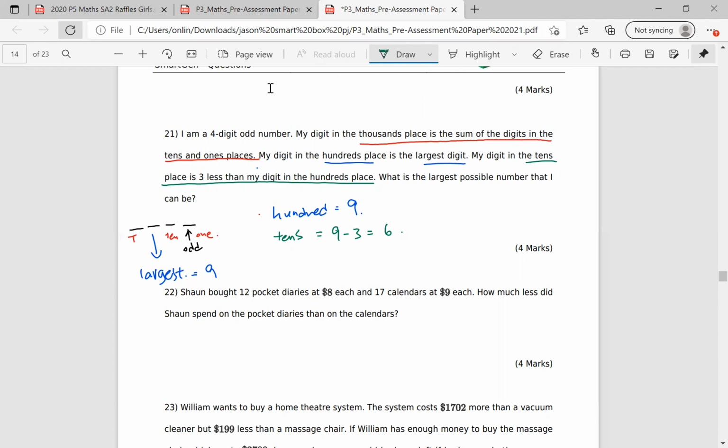They say the 1,000 place is equal to the 10 and 1 places added together, and I need the 1,000 to be as big as possible.